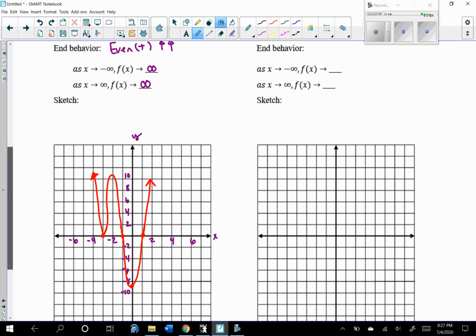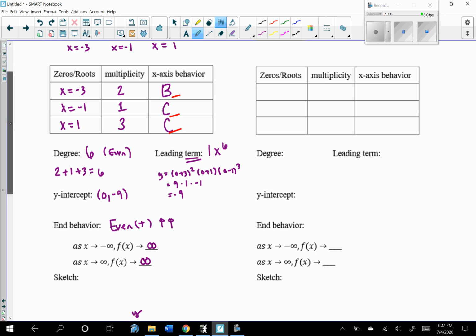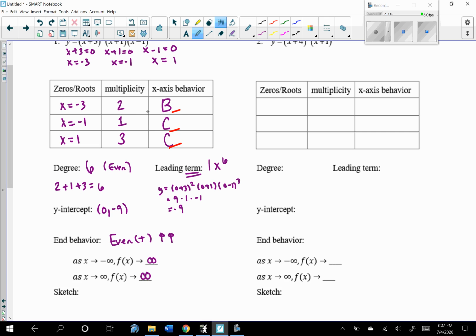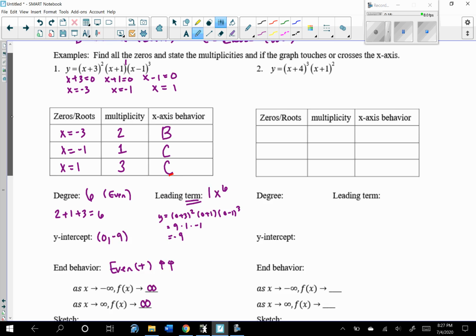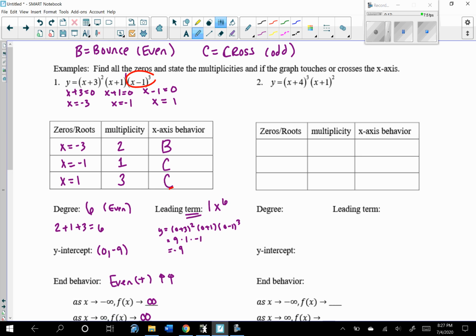Another thing we didn't talk about: something with a multiplicity of 1 crosses through, which is something that is linear. But think about this right here. If we have a degree 3, so if I have an x cubed graph, remember we talked about the cubic function, it makes a little squiggle on the graph when we go through. It looked like this when we graphed it.